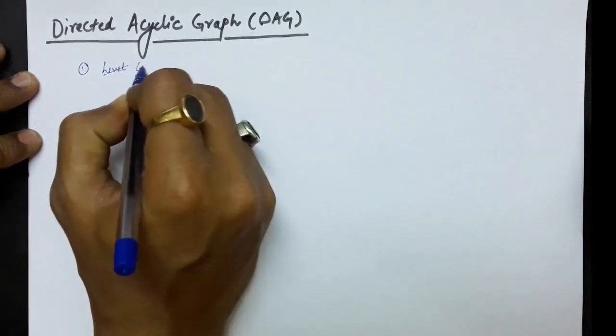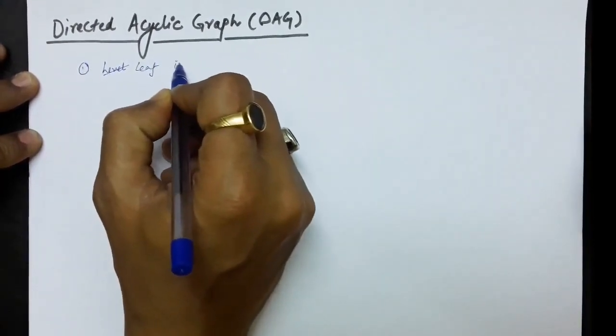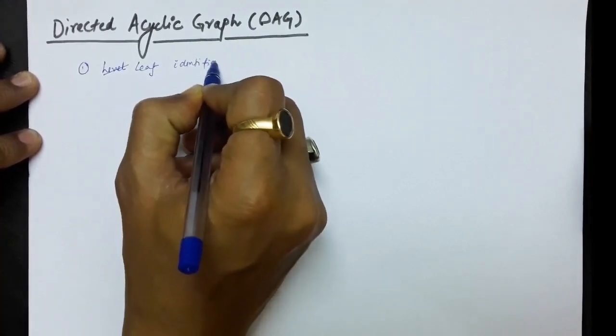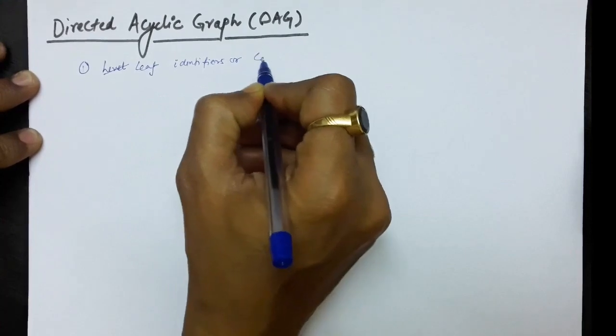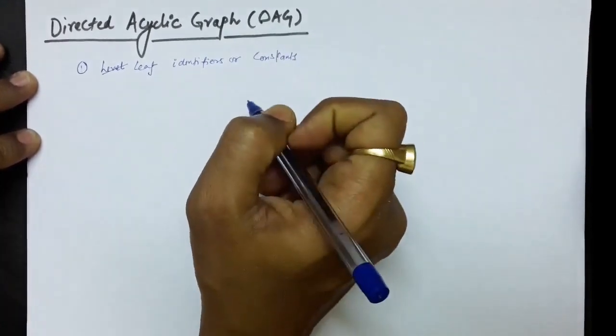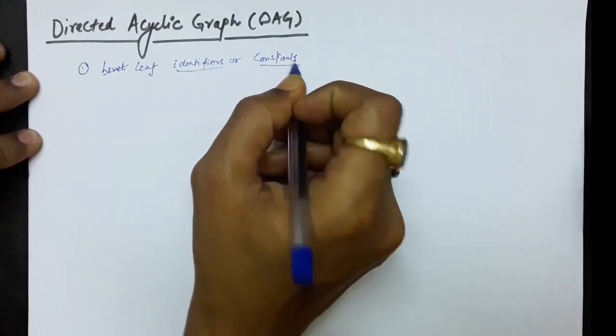The leaf nodes here will have either identifiers or a constant. So leaf nodes will either be identifiers or constants.